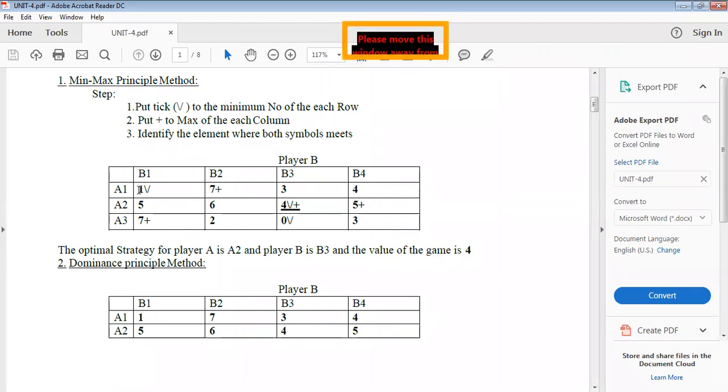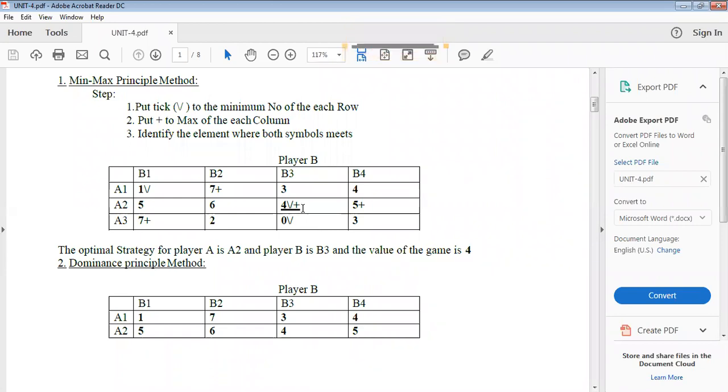So 1 is the row minimum, and 4 is the row minimum in this case, and in this case 7 is the maximum, whereas 0 is the minimum. Where the maximin meets, it is going to be called the maximin principle.